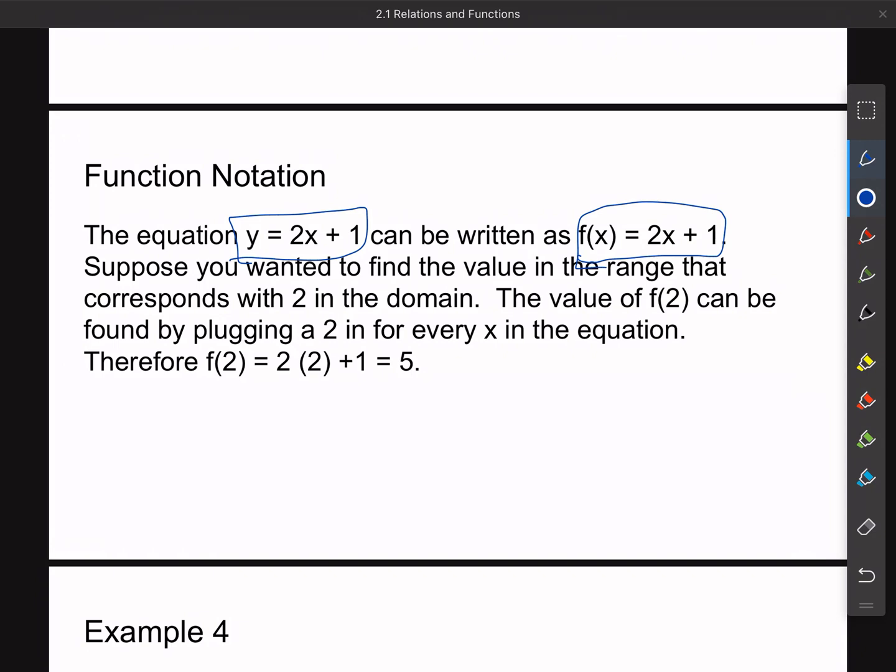If it's in function notation and it asks you to find f of 2, we can say f of 2 for this particular case is equal to 2 times 2 plus 1. We just plugged the 2 in for the x in the equation. So we know that f of 2 is then equal to 4 plus 1, which is 5.